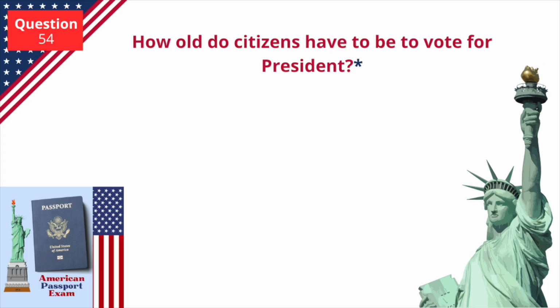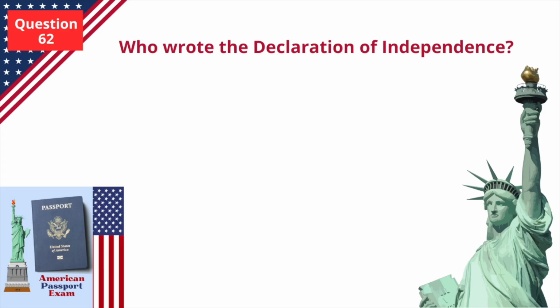How old do citizens have to be to vote for president? 18 and older. Who wrote the Declaration of Independence? Thomas Jefferson.